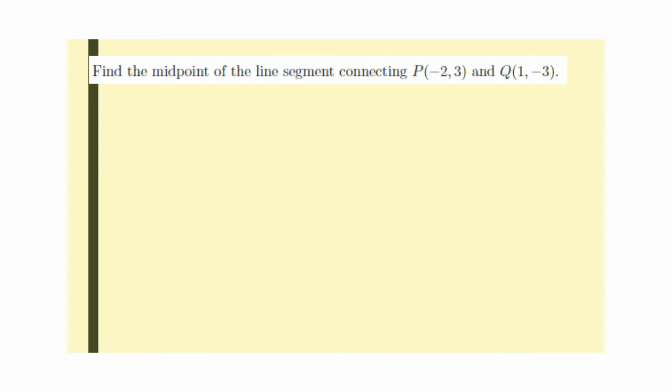All right, so let's do it. We're going to average the x values, so we've got -2 plus 1 divided by 2. And then we're going to average the y values, so we've got 3 plus -3 divided by 2. Remember, when you take an average, you're adding the items in a list and dividing by the number of items in the list.